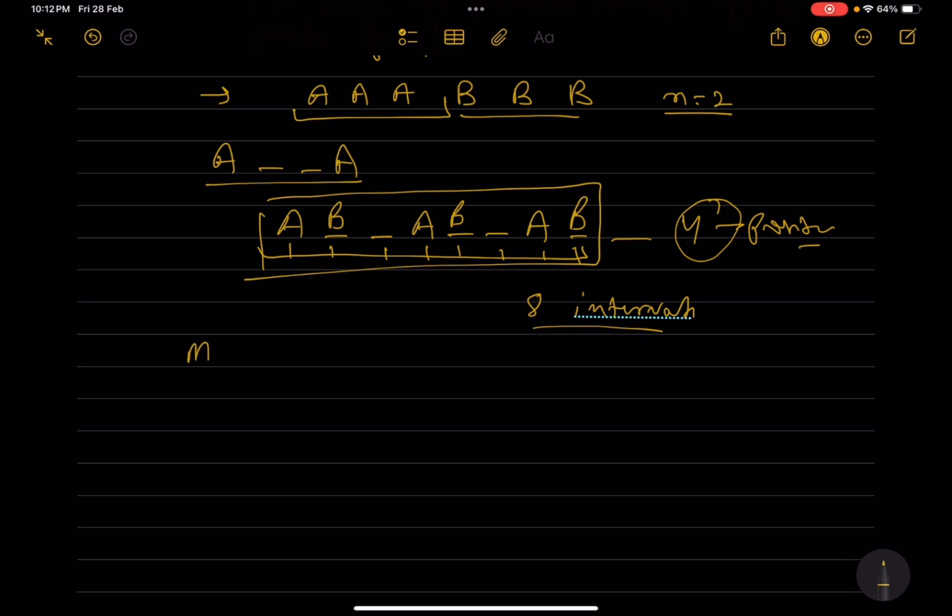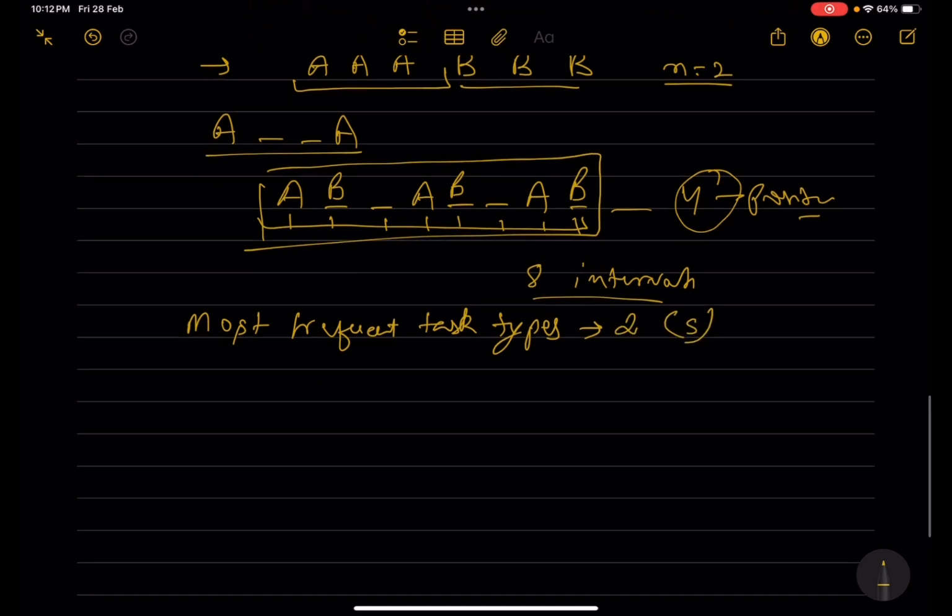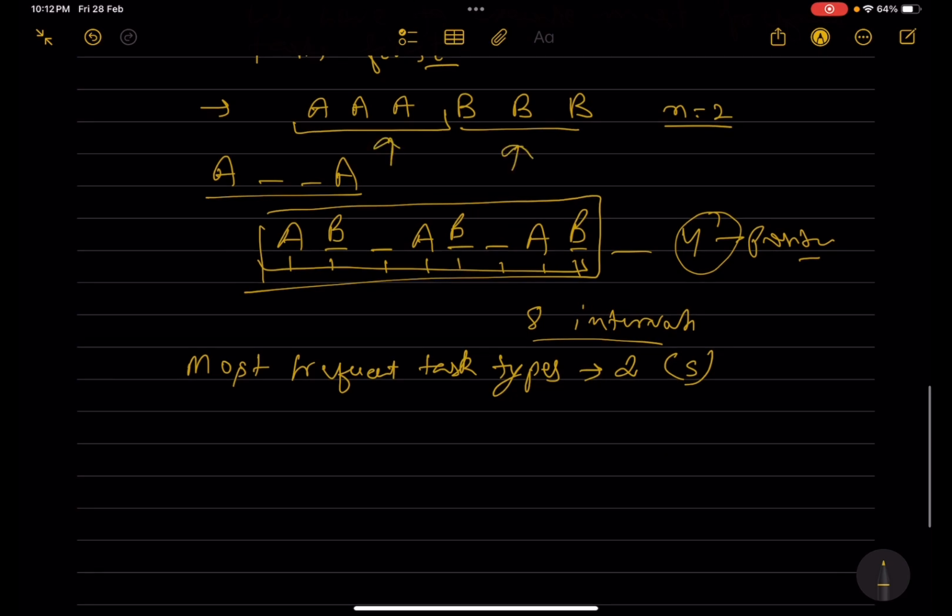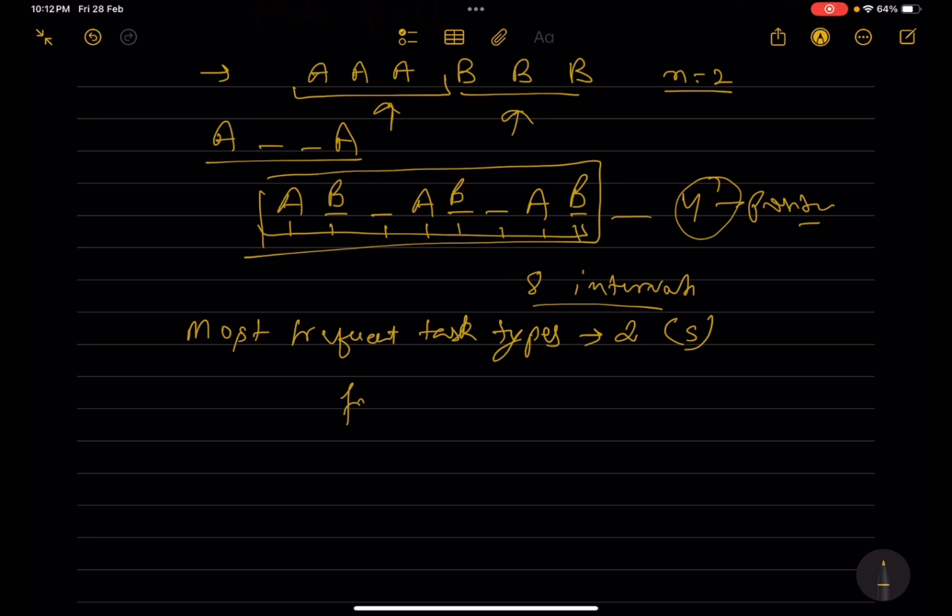Let's say the most frequent task types here was 2. Since both A and B have the same frequency, that is 3, the most frequent task types are 2. And what is the maximum frequency? That is equal to 3.